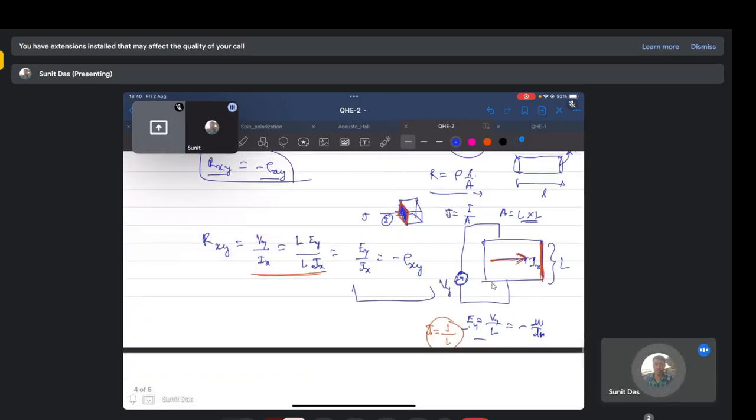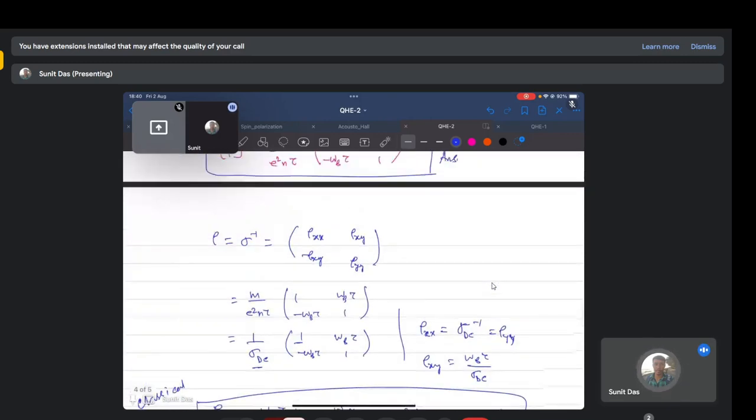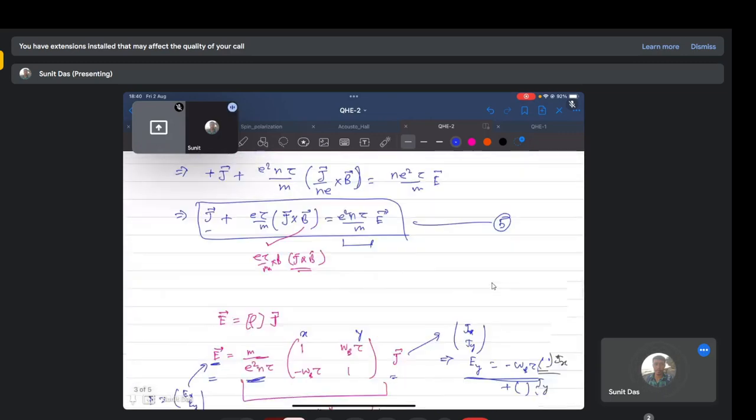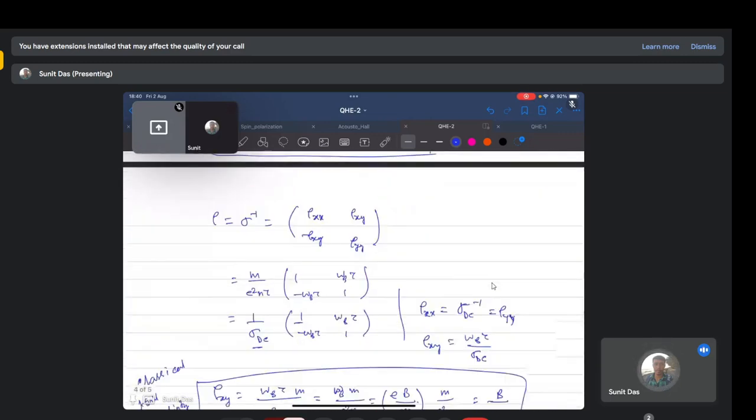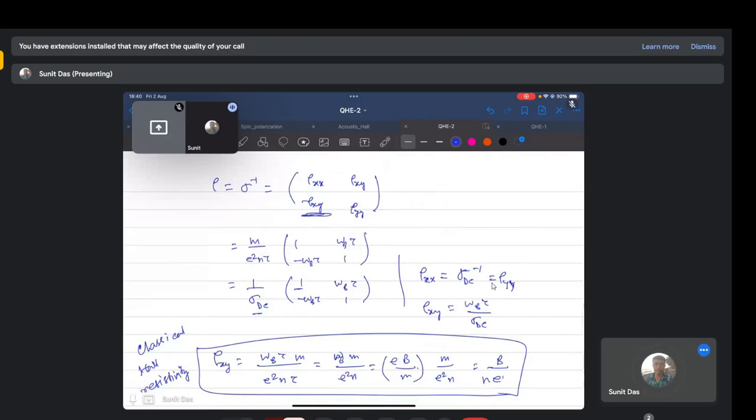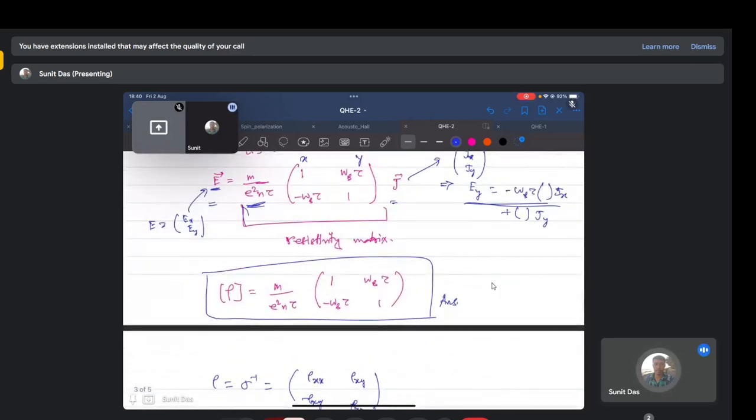So Ey by Jx is simply the minus rho xy, minus rho xy, right? This whole term, remember, is the rho matrix.